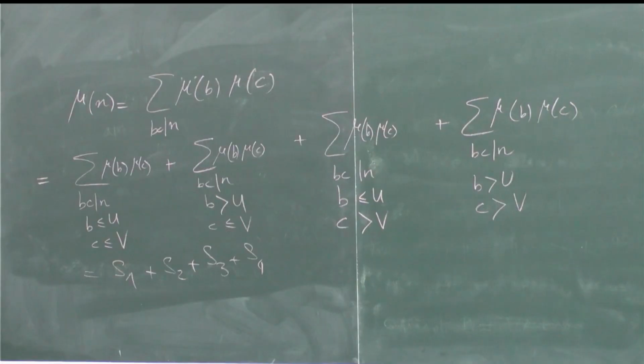And what do you see? Which ones appear over there? Mu of n, you have the first one and you have the fourth one. So you don't have the second and the third one. Where have they gone?